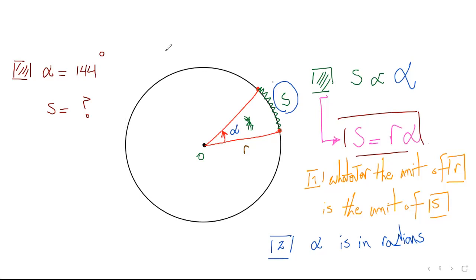Okay, how to solve this? You say, wait a minute, it's not that complicated because by definition, the arc length is equal to the angle that we have measured facing the arc times the radius. Now I have the alpha.